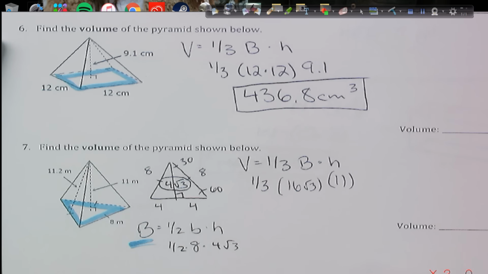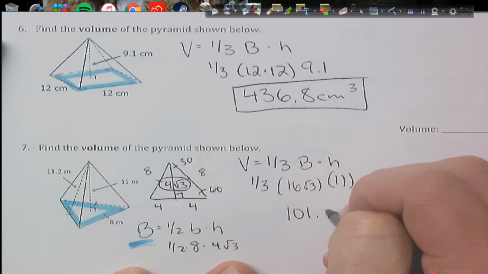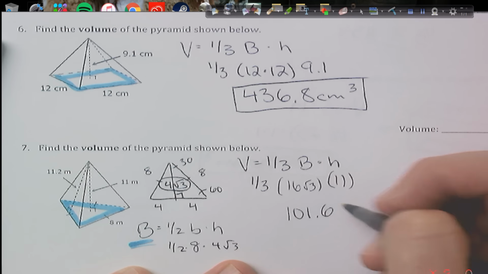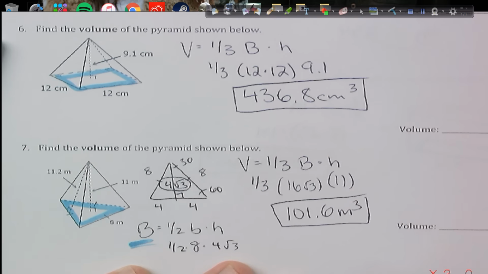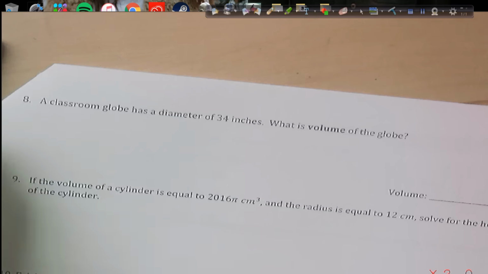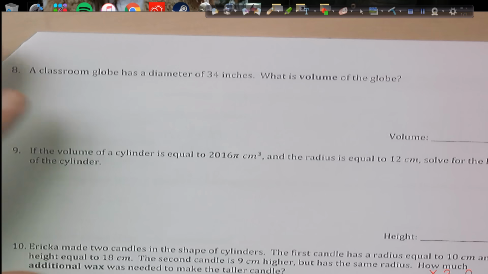So 16 rad 3 times 11, and then divided by 3. And we get 101.6. We're just going to one decimal place on this video. Cubic meters. Alright, boom.